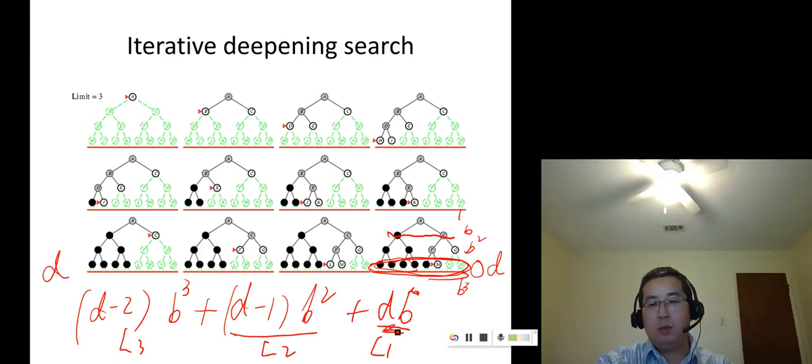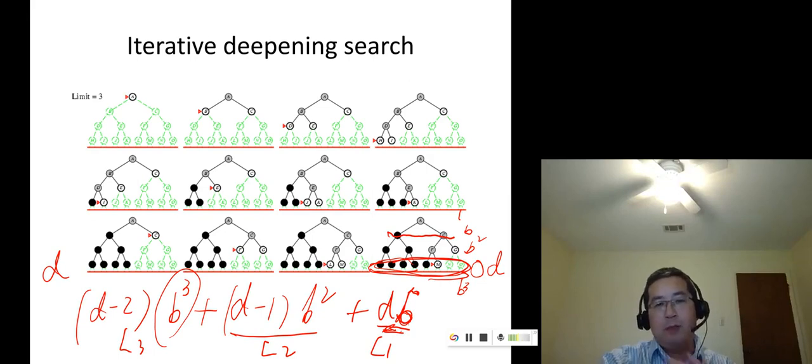So at most you will expand this layer 1 dB nodes. So that means B nodes is for layer 1. So you can find in this layer 1 the number of nodes is less, so we expand only 1 time. It has the most nodes.